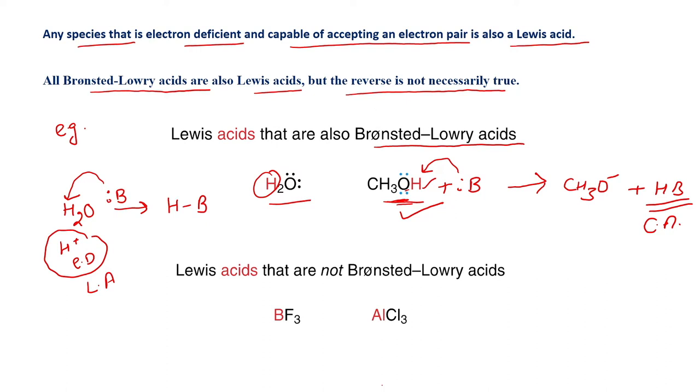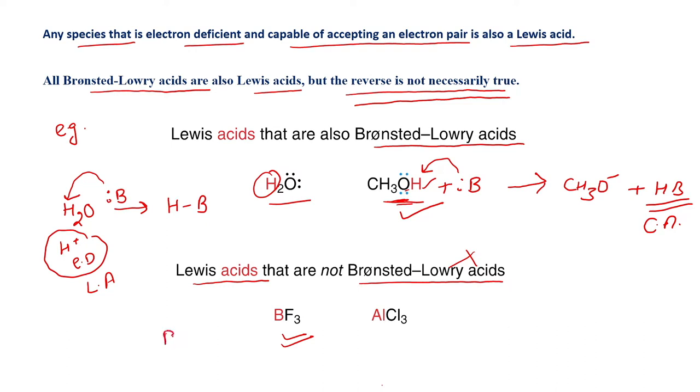You can see here all the Bronsted-Lowry acids are Lewis acids, but all Lewis acids are not Bronsted-Lowry acids. So now we study an example where a Lewis acid is not a Bronsted-Lowry acid. This BF3 doesn't have any protons, so it is not a Bronsted-Lowry acid, but it is an electron deficient species. How is it electron deficient?